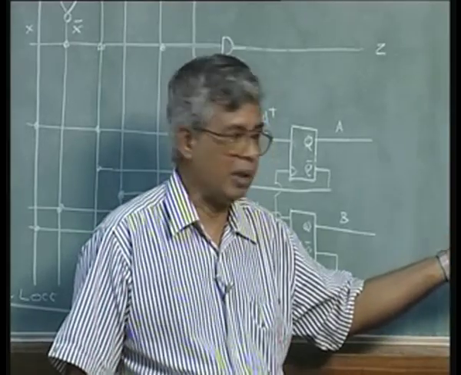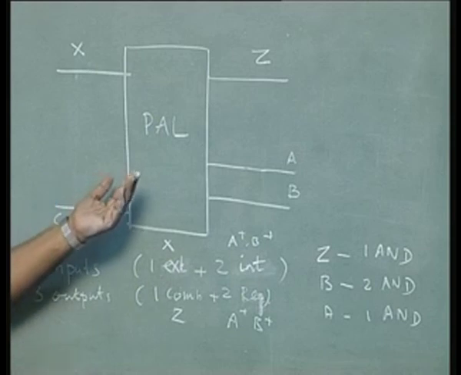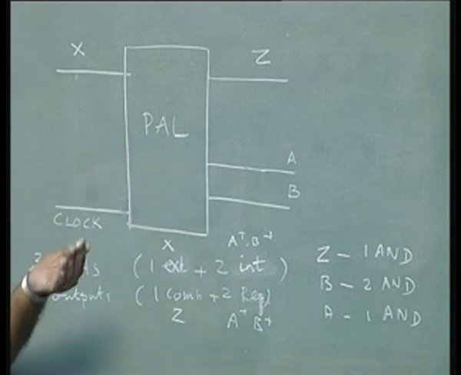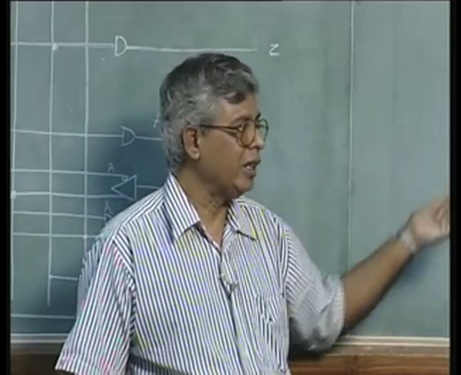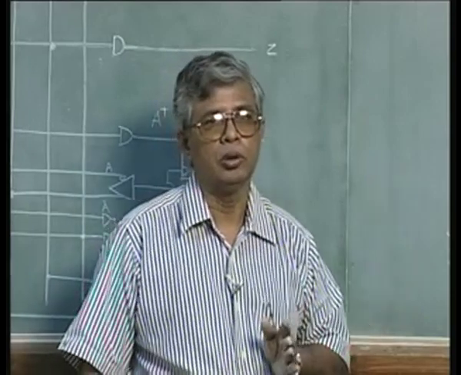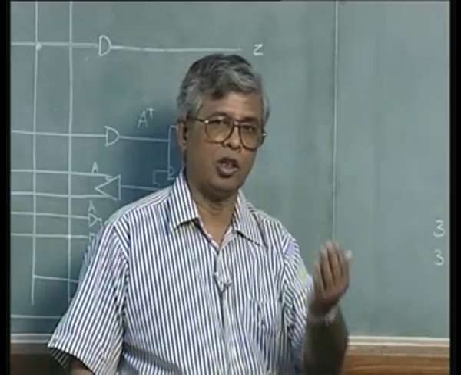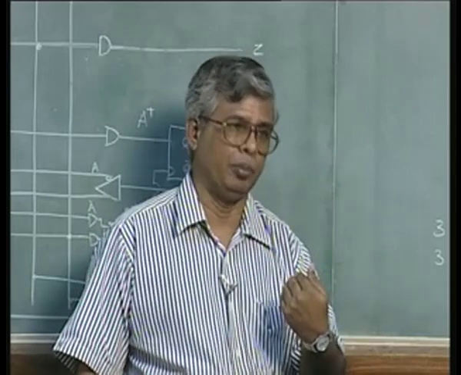So, that is why the trivial example was taken, but in practice these PALs will have much more capabilities. For example, a standard PAL will have at least 8 combinational external inputs, 8 outputs, out of them 4 may be combinational outputs and 4 registered, and these registered outputs can also be brought back as inputs.